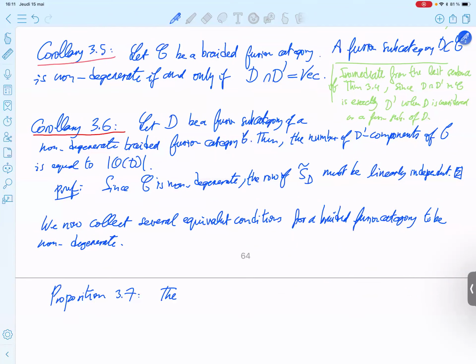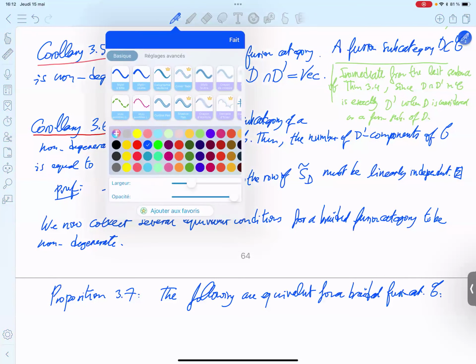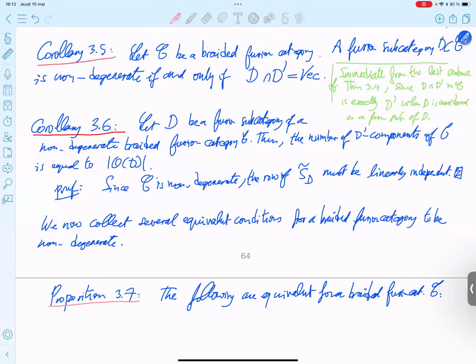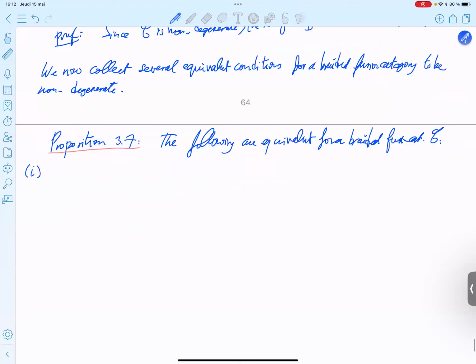The following are equivalent for a braided fusion category C. First, C is non-degenerate.